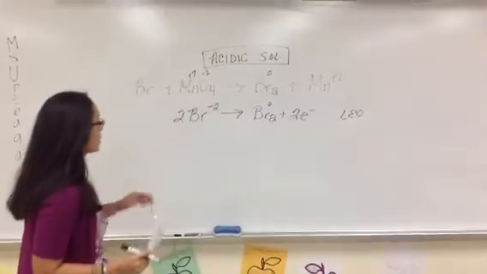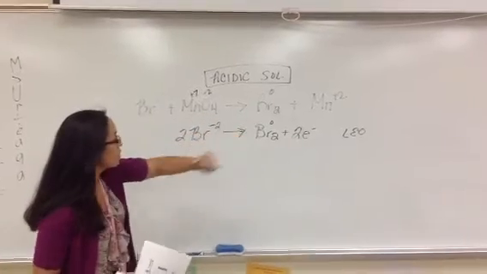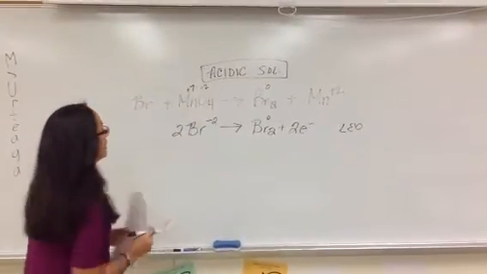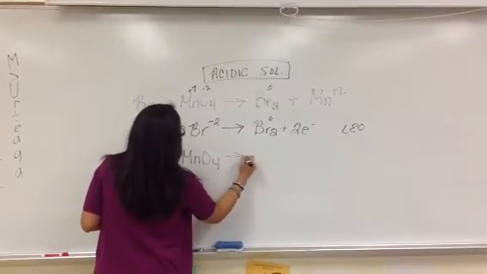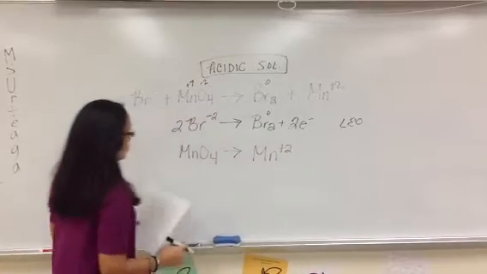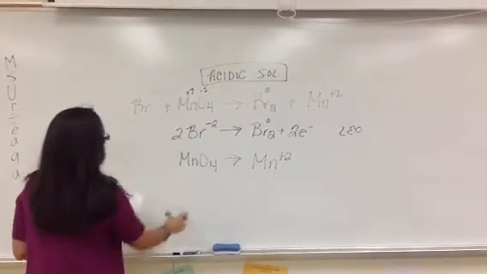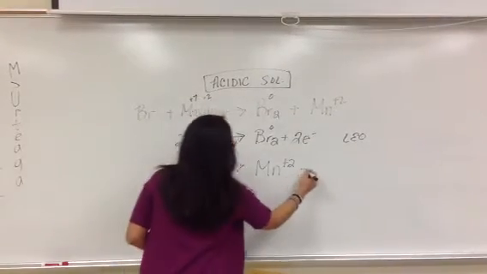Okay, let's go ahead and look at our next one. We don't have oxygen on the product side, so by default it has to be manganese. So we're going to write MnO4- and Mn2+. I have oxygen present, so we need to add water to the opposite side.